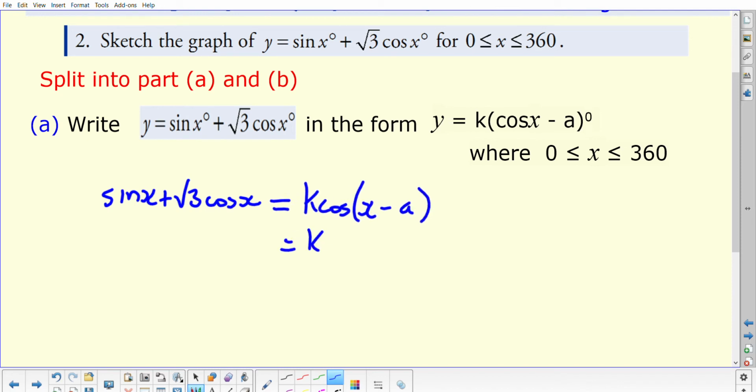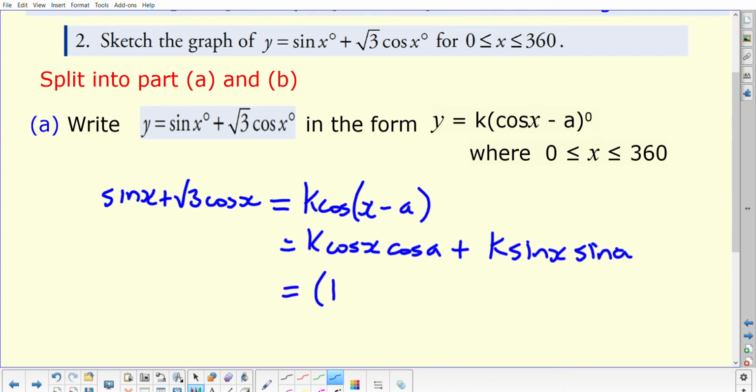So again, routine: k cos x cos a plus k sin x sin a. Your k cos a is multiplying your cos x, and your k sin a is multiplying your sin x.